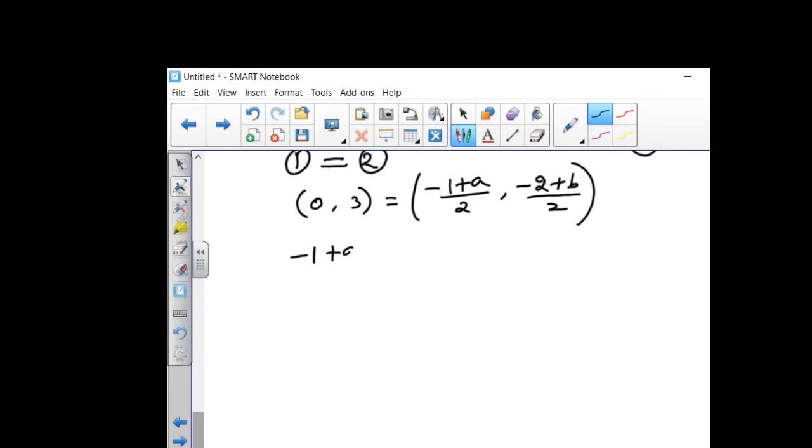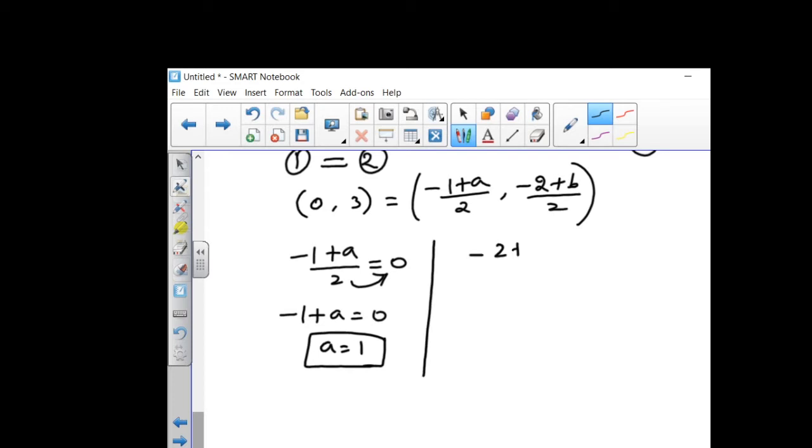Minus 1 plus A by 2 is equal to 0. Therefore, multiplying, you get minus 1 plus A is equal to 0. Therefore, A is equal to plus 1. Then next one, minus 2 plus B by 2 is equal to 3. So you multiply, minus 2 plus B is equal to 6 and B is equal to 6, minus 2 becomes plus 2.